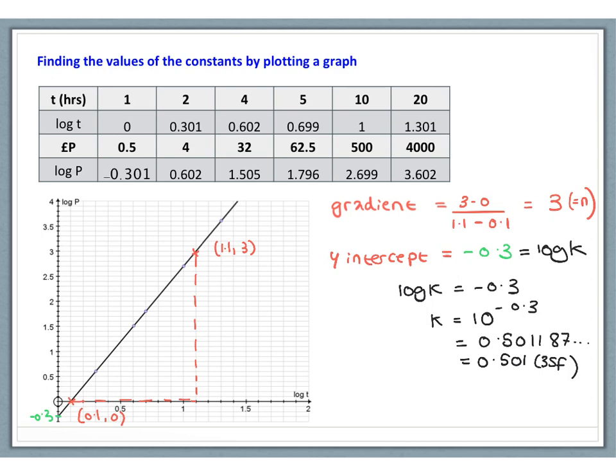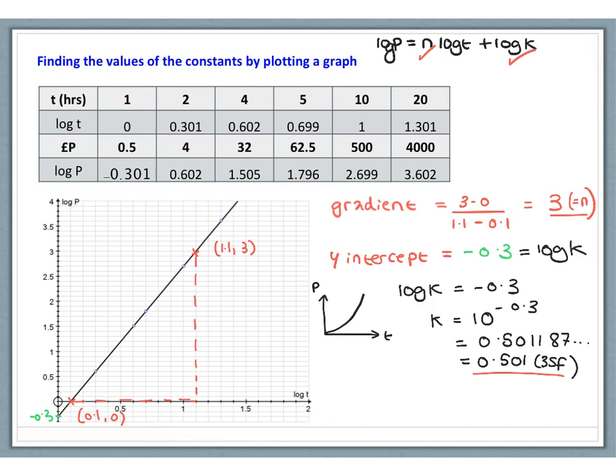So what we have done is take a graph of log p equals n multiplied by log t plus log k, and we found the gradient and we've used it to find our value of n. We've found the y-intercept and we've used this to calculate our value of k. And if you remember, the whole idea was that we started with a curve which looked like that, and the curve was p versus t.